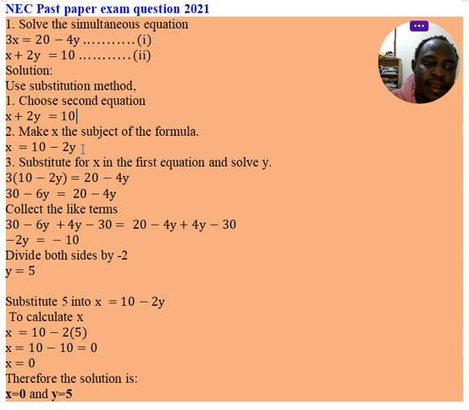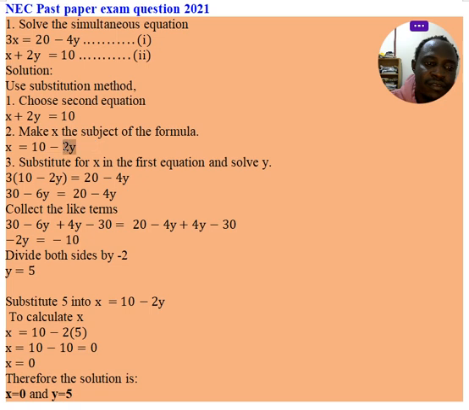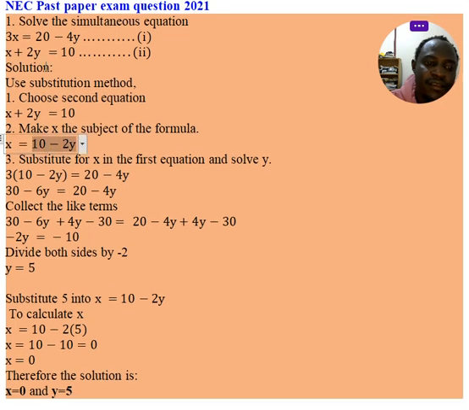Okay, after I now have the expression for x, I take it and substitute it into the first equation. So I take 10 minus 2y and put it in place of x in that equation. After placing it in place of x, you see that there was a coefficient of 3 here, so it's 3 times 10 minus 2y, and everything here will be multiplied by 3.